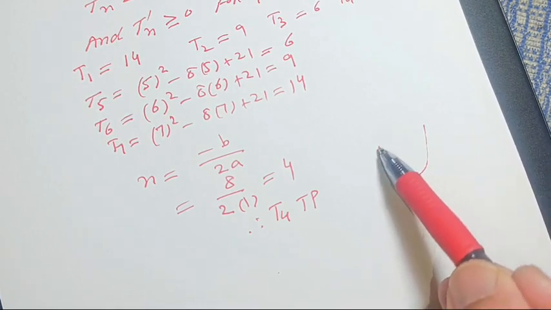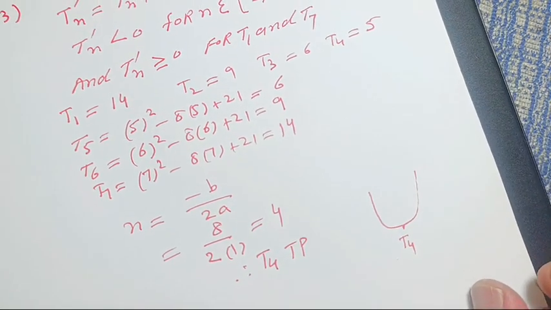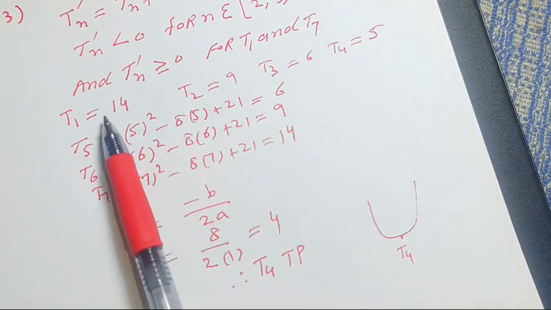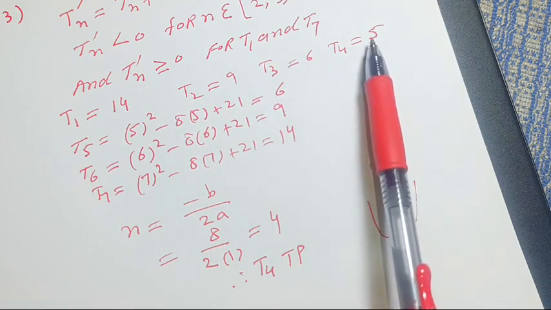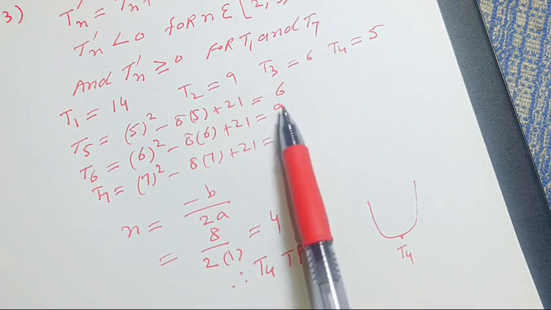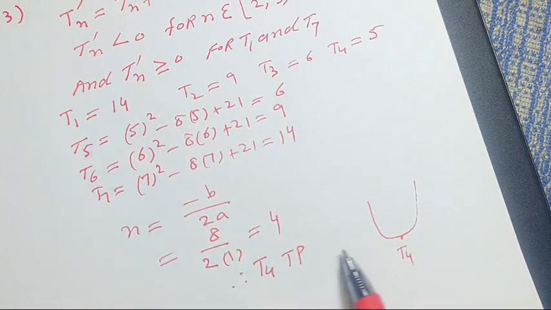As you can see, this is a parabola because it's laying even. After T1 14, T2 9, T3 6, T4 5, then T5 is 6 again, you can see it start repeating, and then 9 and then 14 going back. So your parabola is symmetrical.